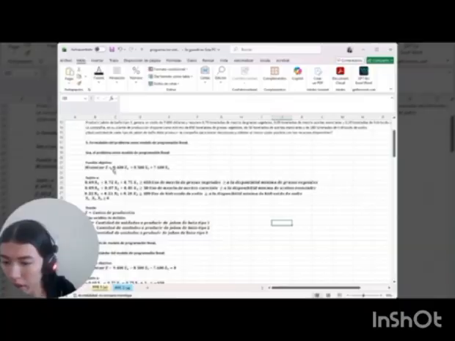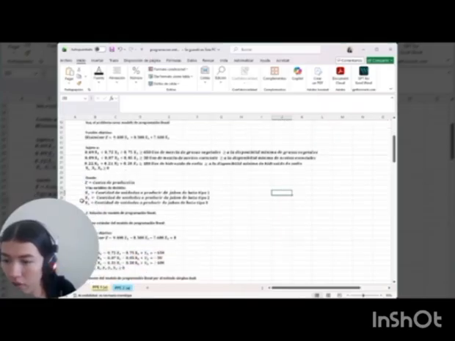We define the decision variables as x1, number of units of type 1; x2, number of units of type 2; x3, number of units of type 3. So the objective function is 9400 x1 plus 8500 x2 plus 7600 x3.